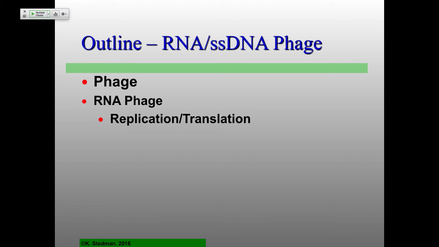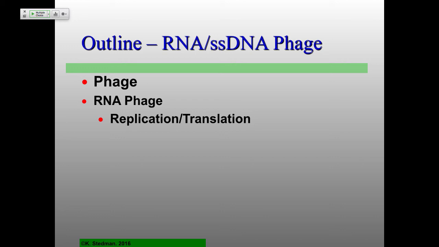So it turns out that there are relatively few bacterial viruses that use RNA as their genomes, but those few that have been studied are incredibly well studied and incredibly well known and are really easily applicable to a lot of the RNA viruses that are infecting animals and plants.